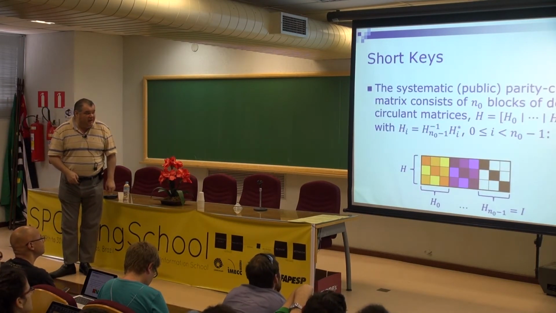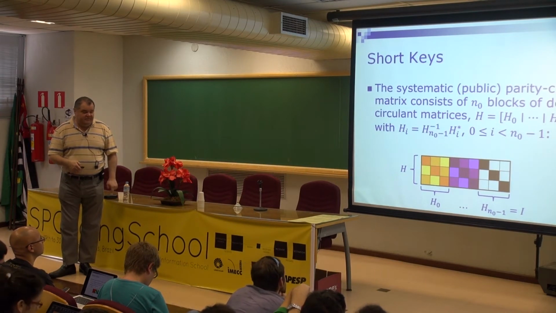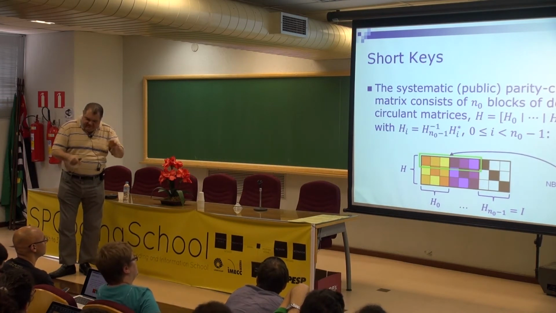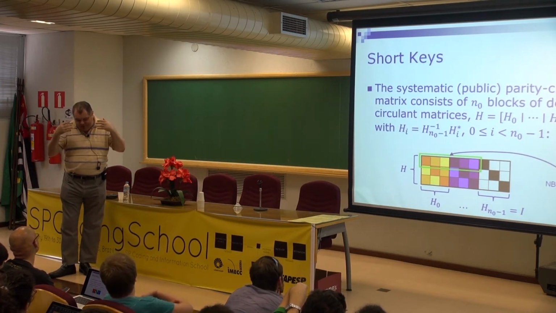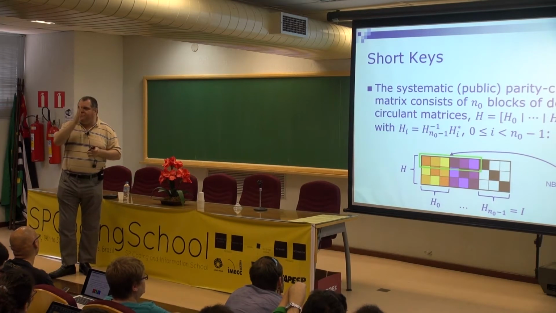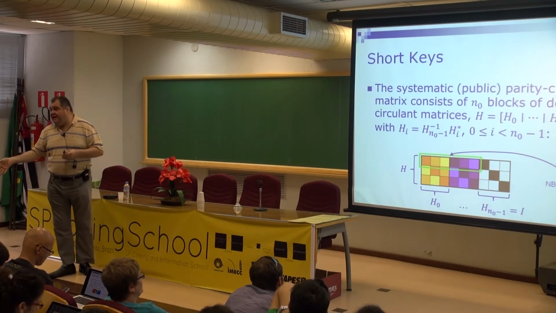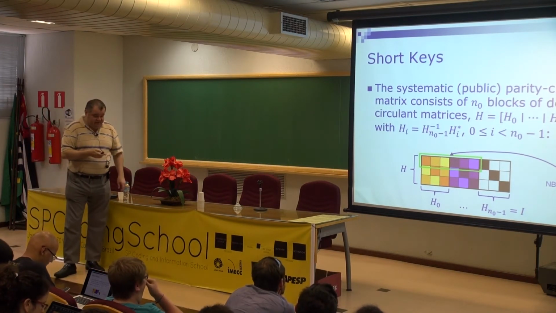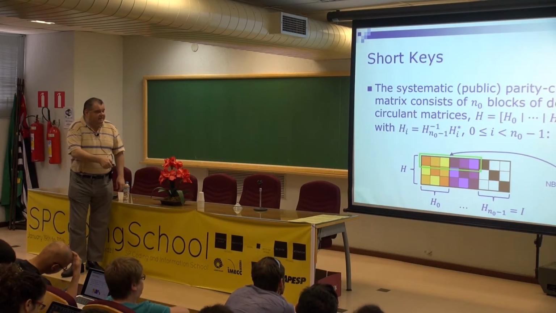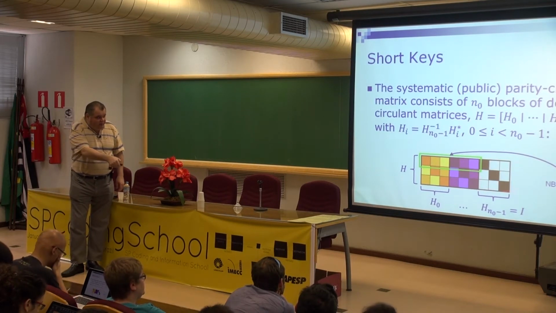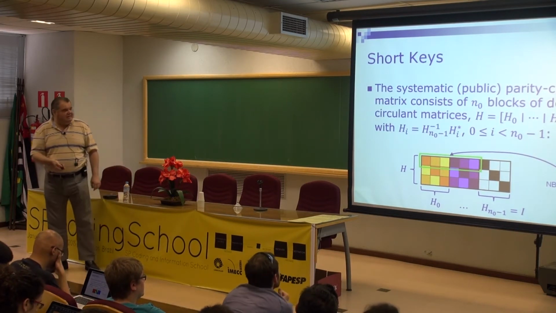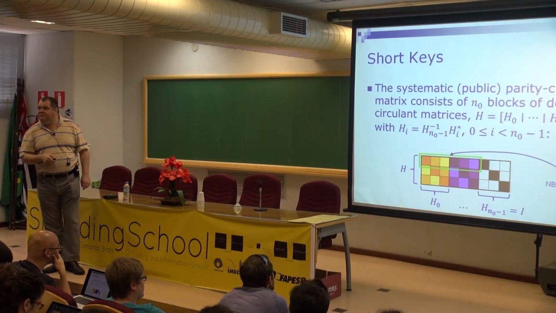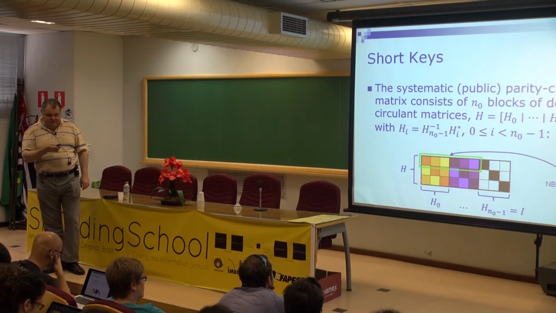The private key is sparse, so we can do better. We can only store the positions of the non-zero elements. The public key is not sparse. It's dense, but since it's in systematic form, we can drop that part of the parity check matrix and store only this small part of the parity check matrix.